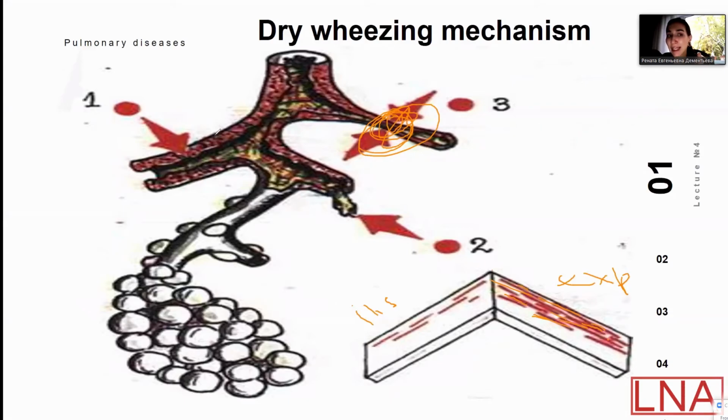Second, increased thickness of the bronchial wall due to inflammation, or maybe due to an irreversible process such as COPD, and a little bit of exudate in the bronchus.